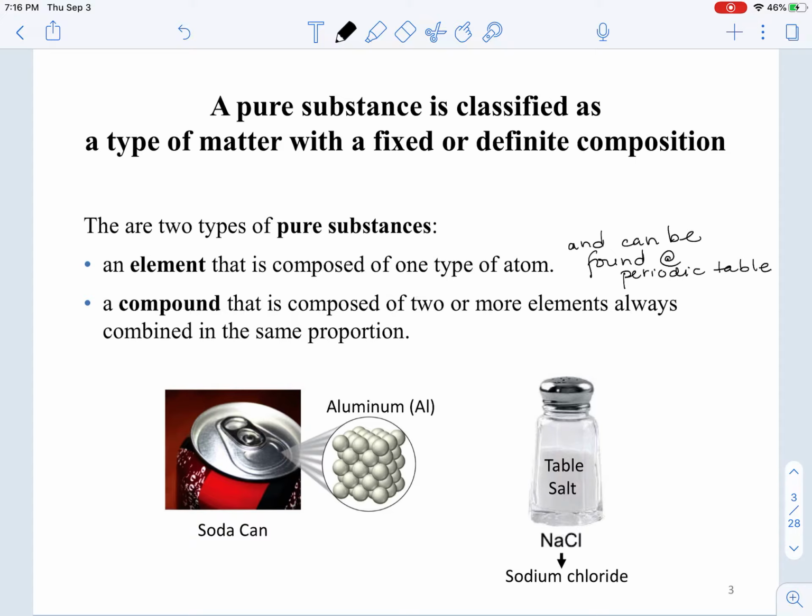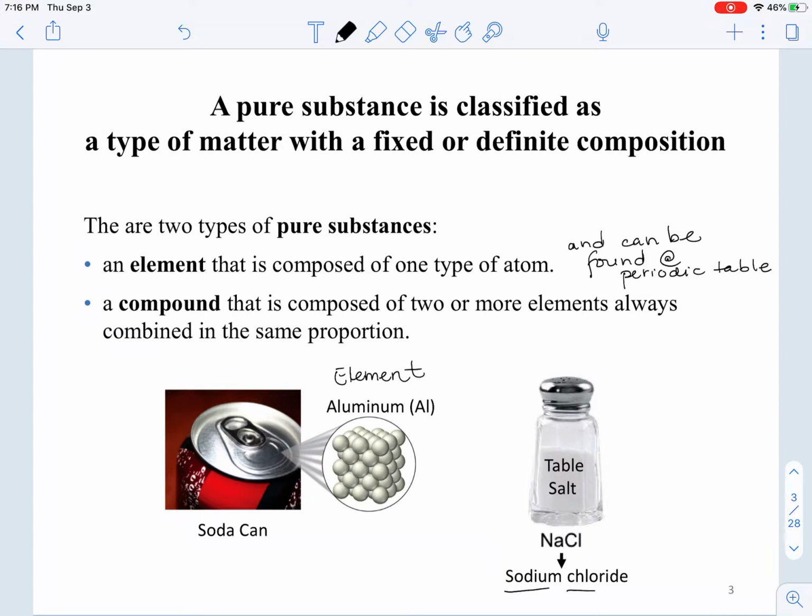Okay? Now, an example of an element, as we can see here, the aluminum in an aluminum can is an example of an element. Table salt is composed of two elements.